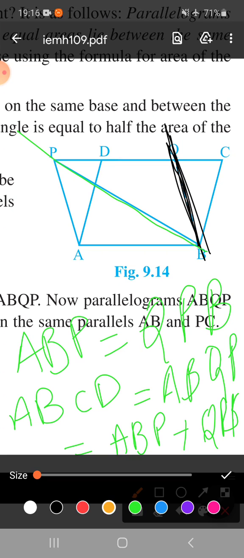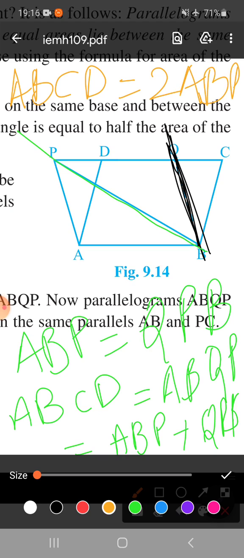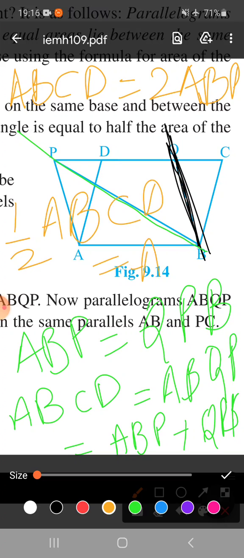Now we can say that the area of parallelogram ABCD will be twice the area of triangle ABP, and dividing by 2 on both sides, half of ABCD is equal to ABP.